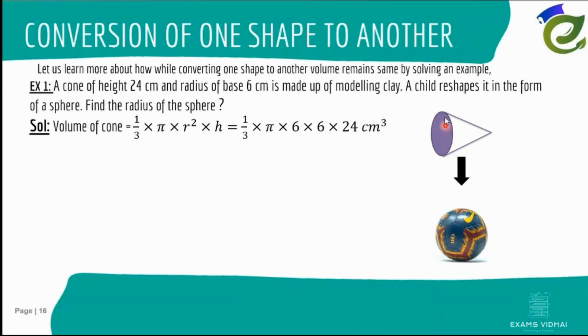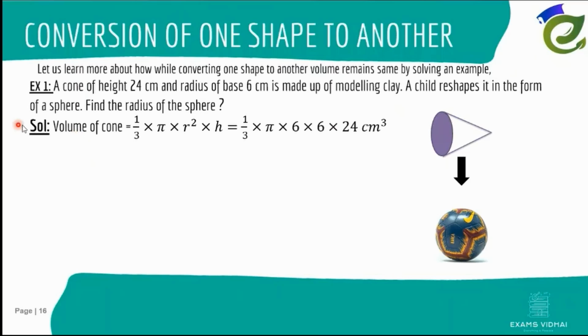Since we are given the radius of base of the cone and the height of the cone, we can find the volume of the cone. You know that when one shape is converted to another form and adjusted to a different shape, the volume remains the same, but the surface area changes. So we can find the volume of the cone.